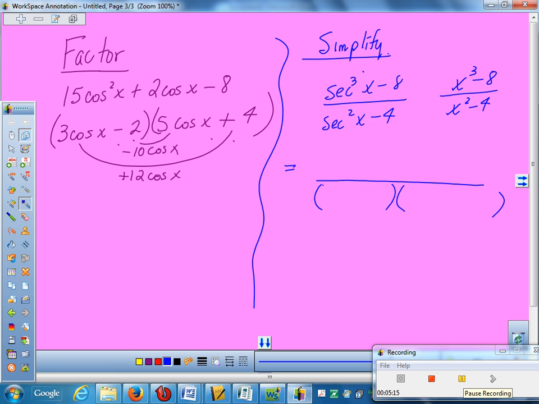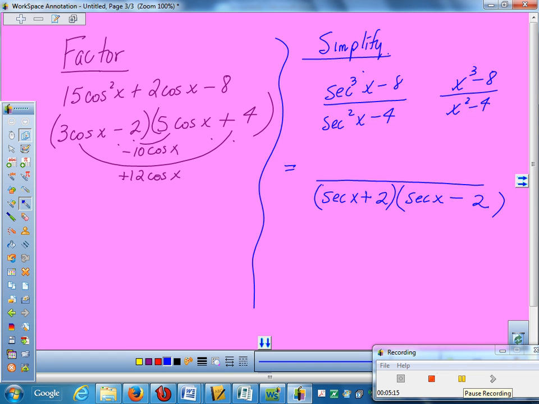It's the one that's conjugates. So it'd have to be secant x and secant x. To make 4 would have to be 2 and 2, and then what did you always do with the signs? You have to have one of each sign, doesn't matter what order. So perfect squares are the easy one.